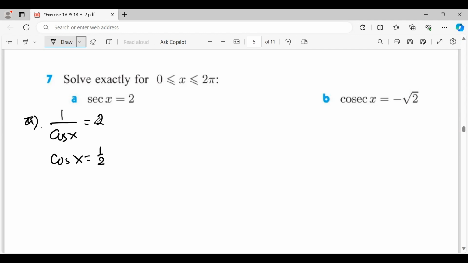This 2 actually is 2 over 1. So cosine x equals half, and it's happening at x equals π/3.